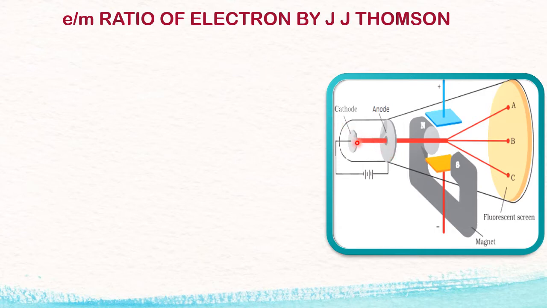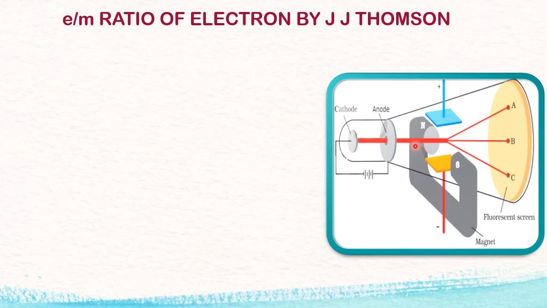Cathode, anode, but this side is an elongated discharge tube, so that he could check how cathode rays, or the electrons, travel under the influence of the electric field and the magnetic field.